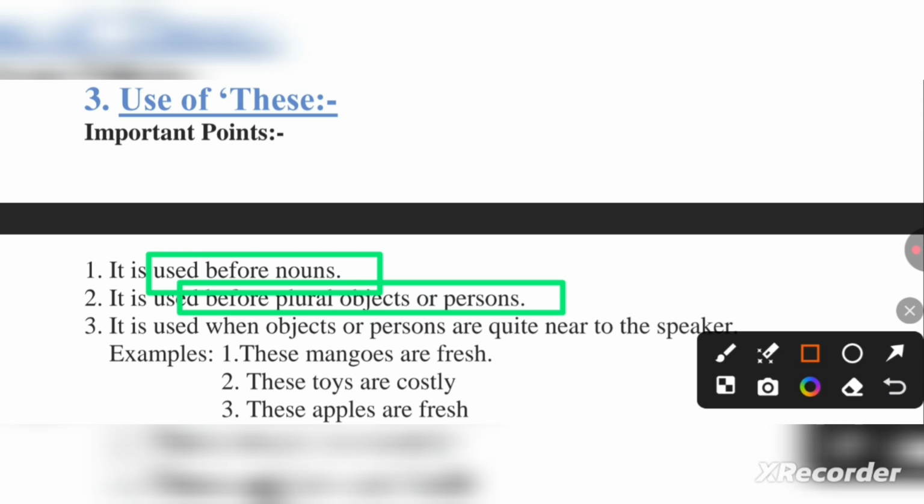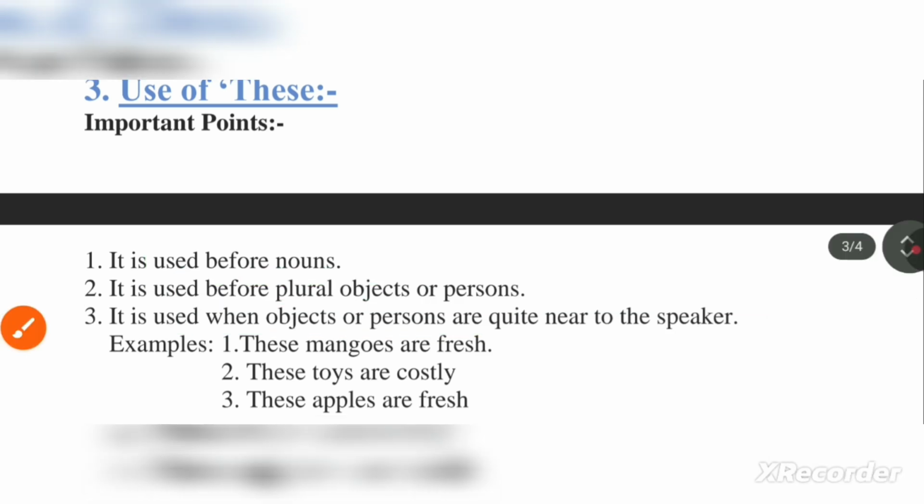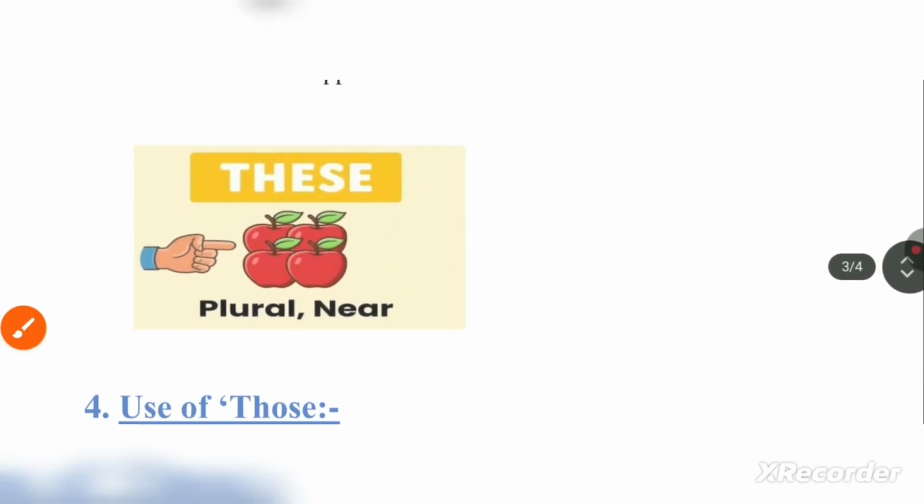Again, it is used when objects or persons are quite near to the speaker. These mangoes are fresh. These toys are costly. These apples are fresh. Here we can see in the image.